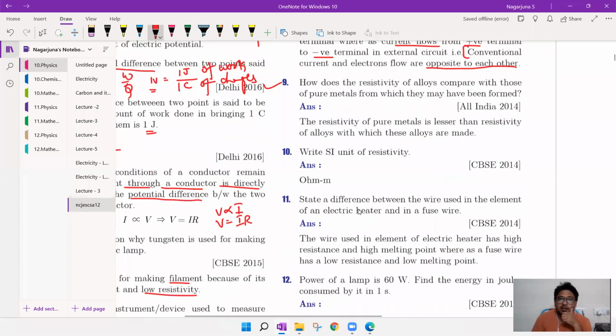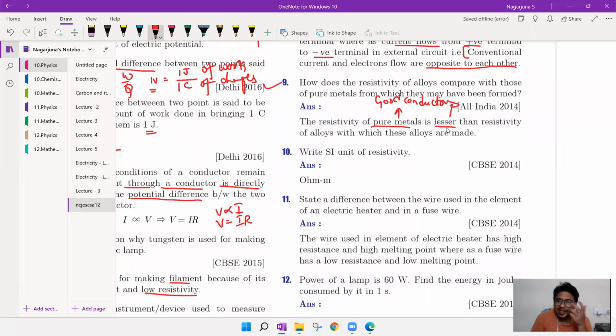Next, 9th. How does the resistivity of alloys compare with those of pure metals from which they may have been formed? So in 2014 they asked, basically resistivity of pure metals is less, so that is why metals are good conductors. Metals are good conductors.